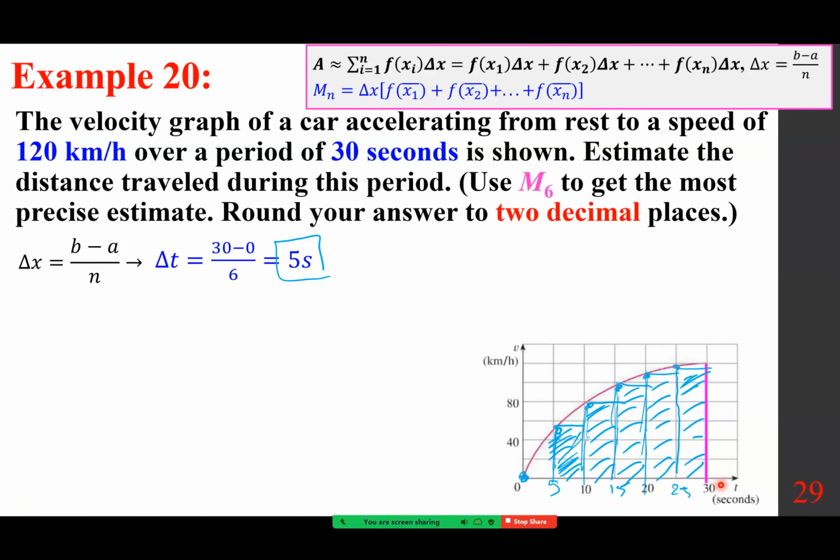If I want to use the right endpoints, I would use this one. This would be the area.